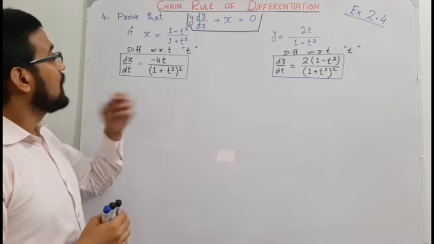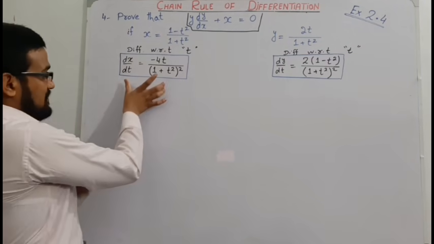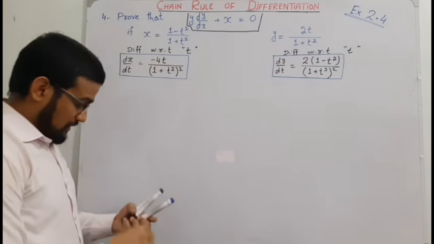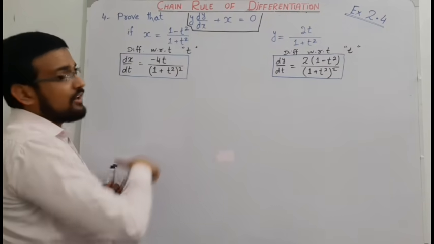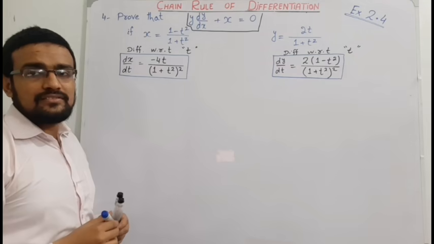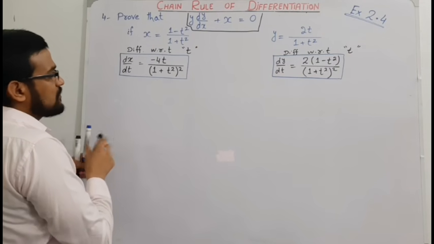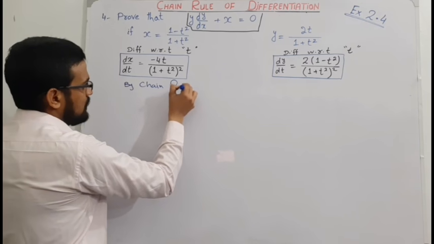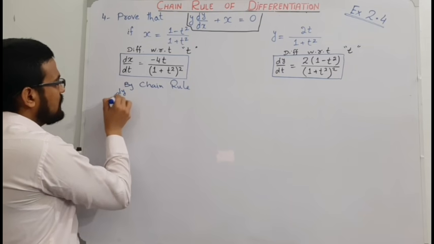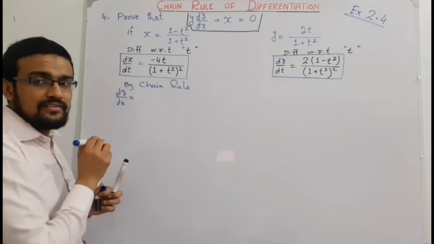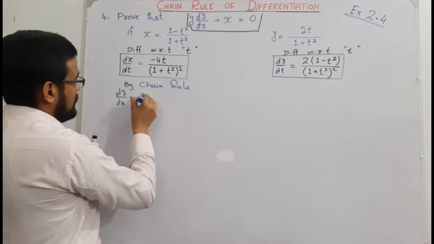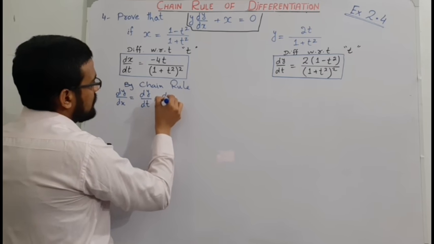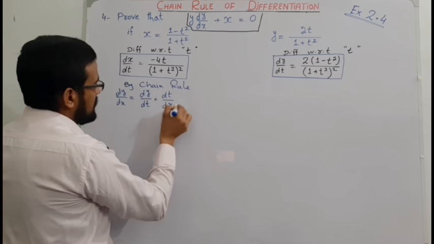Yes, students. This is the result of dx over dt, and this is the result of dy over dt. Okay. Because our requirement is dy over dx, by the chain rule, dy over dx is dy over dt multiply dt over dx.